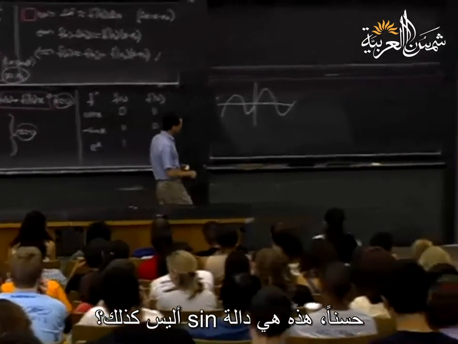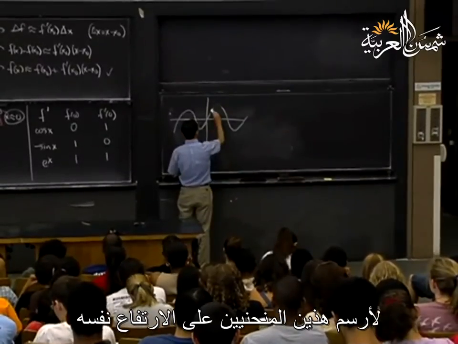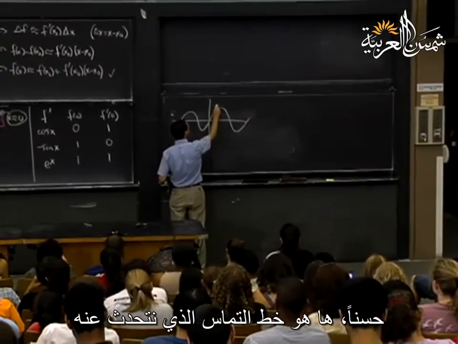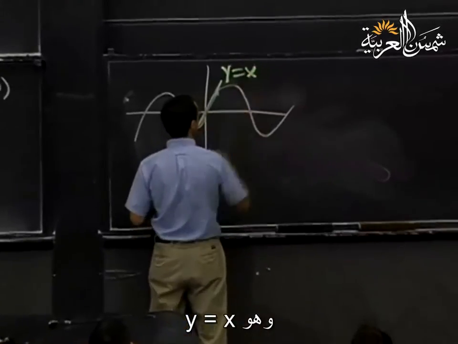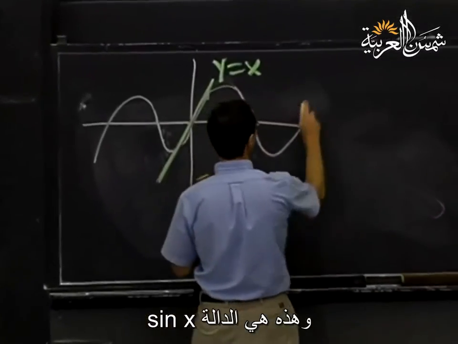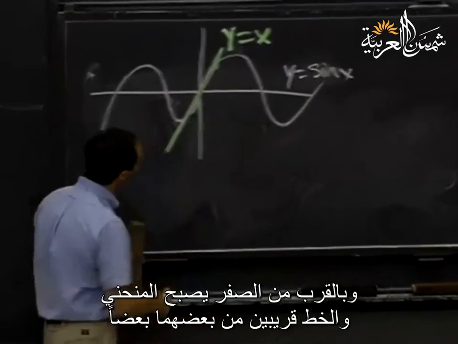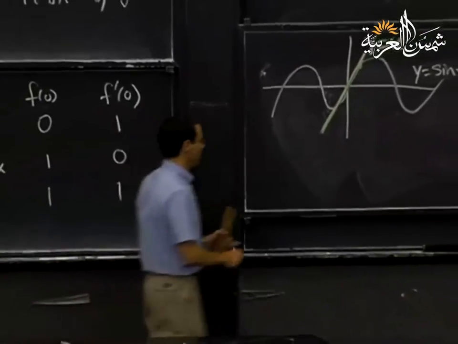Now that is quite some sine, isn't it? Let's try to make the two bumps be the same height, roughly speaking. Anyway, the tangent line we're talking about is here, and this is y equals x. And this is the function sine x. And near 0, those things coincide pretty closely.